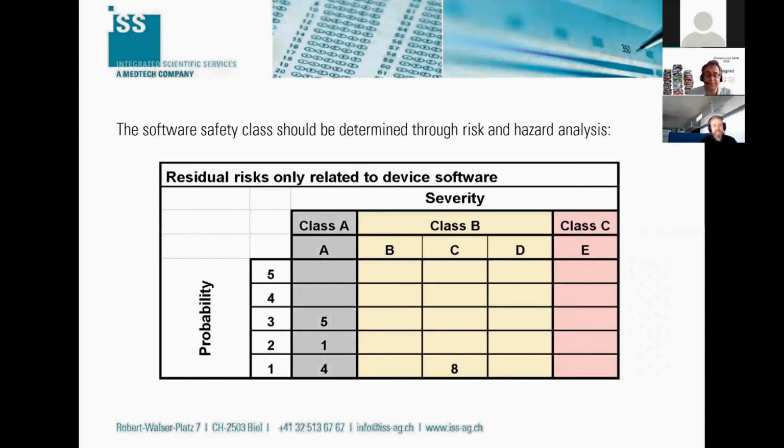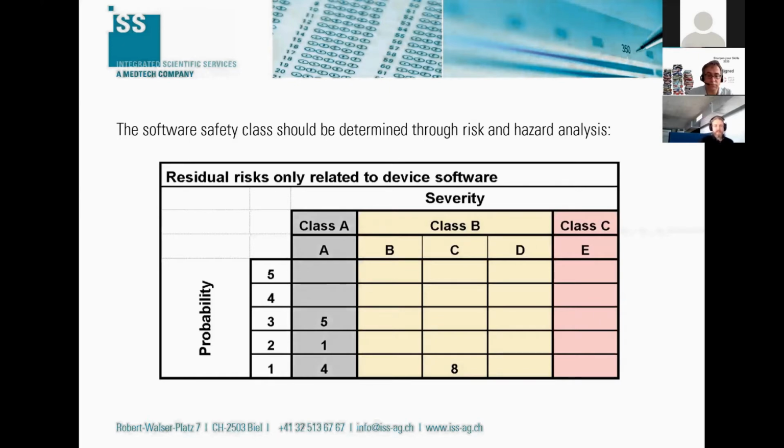In this example, that's one of how we do it at the ISS. We have those that know risk management. It should look familiar to them. We have severity classes, meaning how bad is the harm for the patient. We have probability classes, meaning how probable is it that the patient will be harmed.